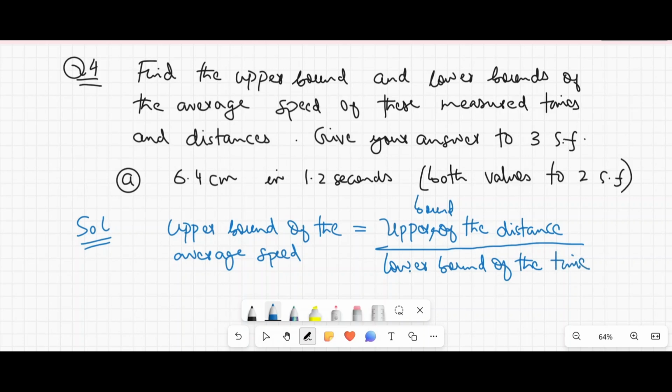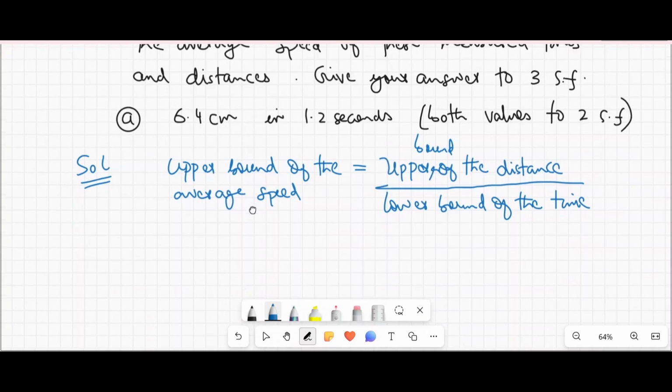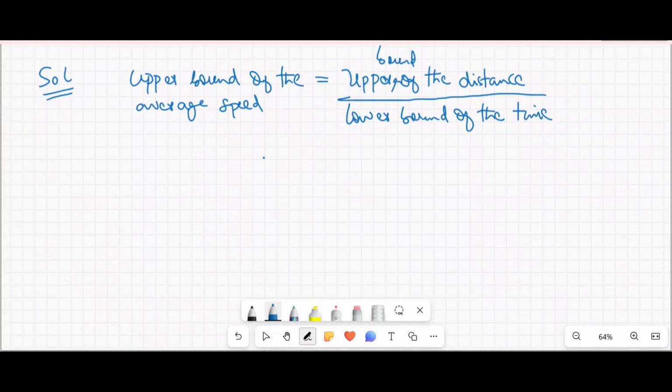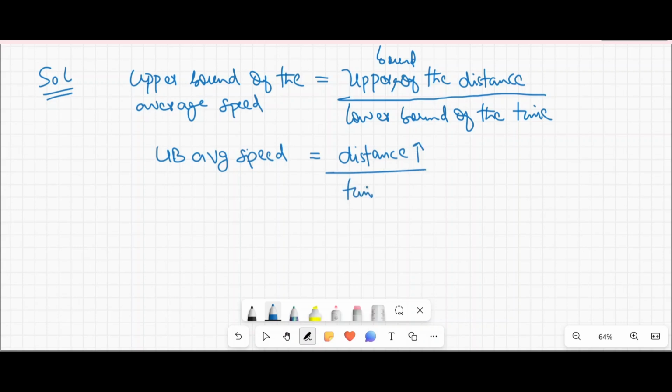So for finding the upper bound, UB, of average speed, the distance should be in upper bound, and the time will be the lower bound, because when you divide by the lower value, our value will increase.